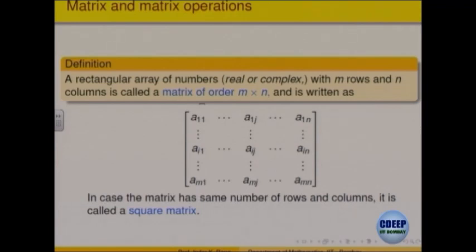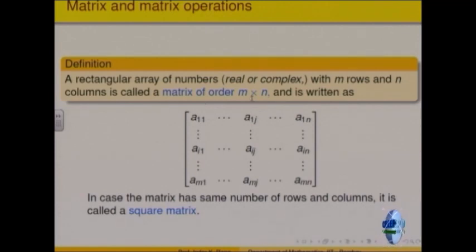So, the computer will store it as m into n numbers, but will record somewhere that the first n are for the first row, the next n are for the second row and so on, for computational purposes. So, the basic idea is that matrices written this way capture the computational aspect of linear equations.